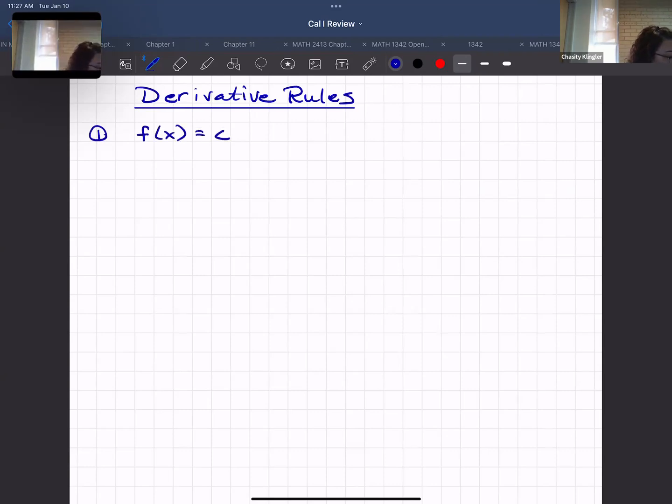if I give you a function that's a constant, what's the derivative of any number? And then f of x equals x, what's the derivative of x?